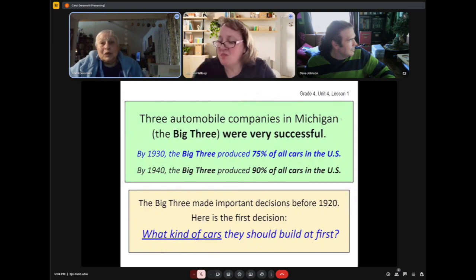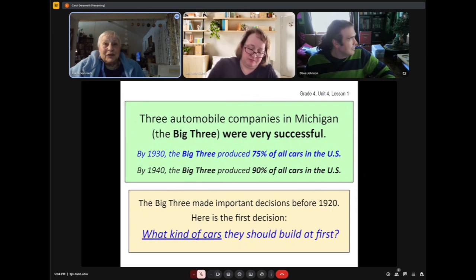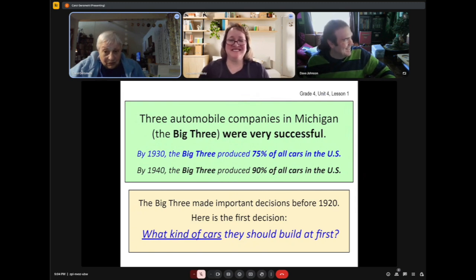I know this is a repeat, but this is amazingly successful to end up producing 90% of all cars in the United States. I can tell you the big three would love to be able to do that today, and they don't.